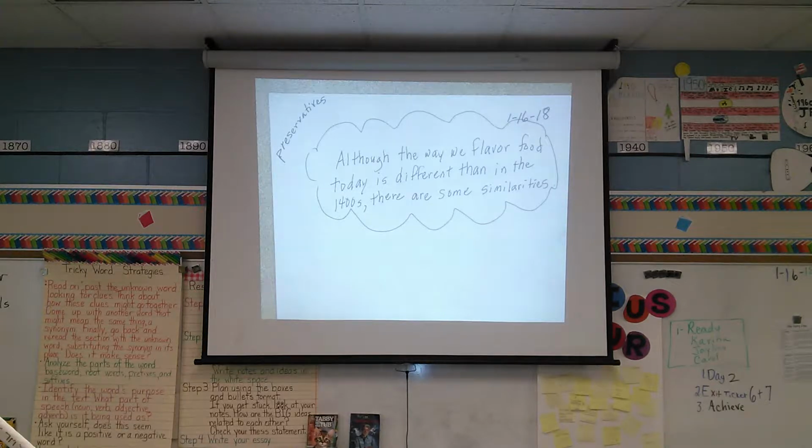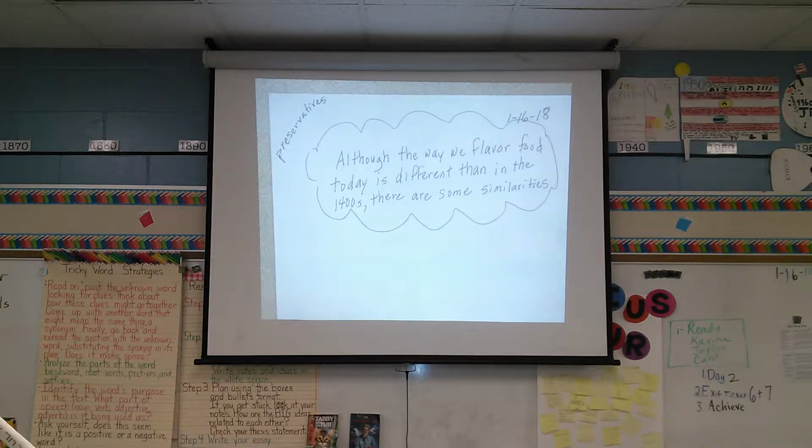You would have to dry your food in the sun, dehydrate it, or you would have to smoke it in a smokehouse, or you would have to cure it with salt. Cover the outside with salt. Okay? So both articles talked about the impact of preservatives on flavoring food and how that influenced the history.